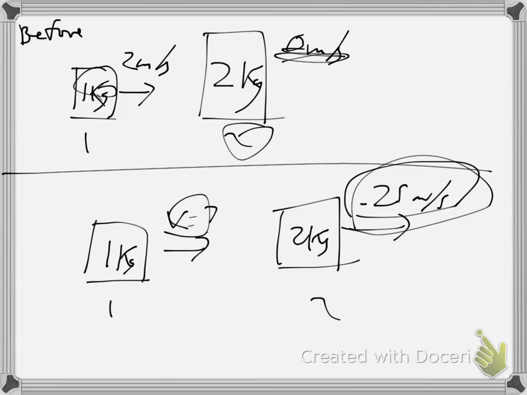Now, last type of equation. This is my favorite because it's, I don't know, it's easy to work. And that is if the two objects stick together. We call this a perfectly inelastic collision.